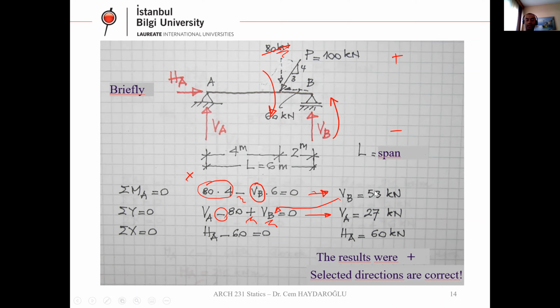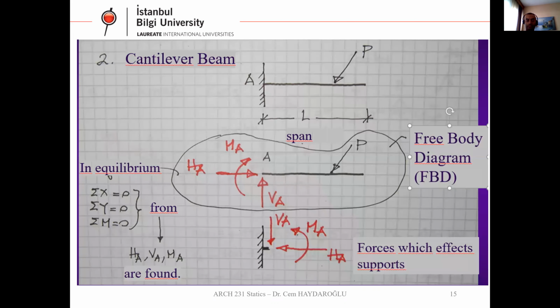If I get a negative direction, that means my direction assumption was wrong at the beginning. We will talk about these issues in the next stage. Here, I just want to show you how we calculate support reactions. We have 3 equations to solve for each type of system.